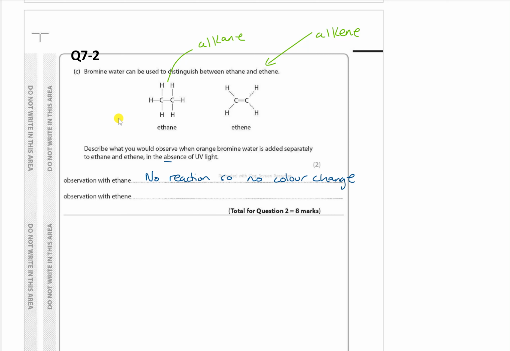The key thing is its absence with UV light. What would happen with ethene? It would go from orange to colorless. I'm going to show you this. When you've got an alkene, remember we said alkene has two E's, so it's got a carbon to carbon double bond. Each carbon has 4 bonds, so ethene looks like this.